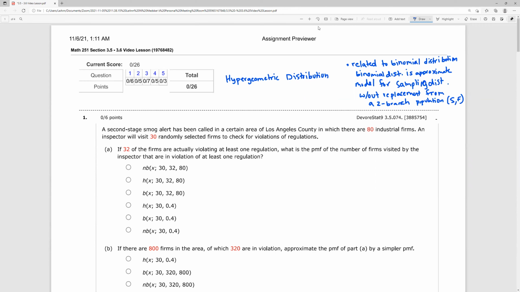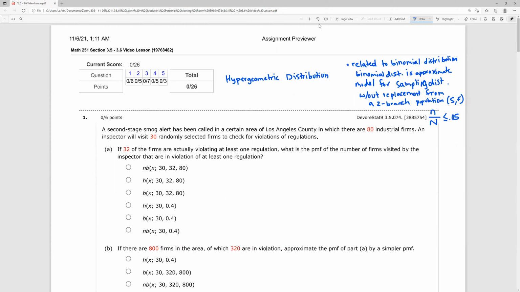But there's a stipulation or a rule. So when n divided by capital N, and we're going to define both of those in just a second, is less than or equal to 0.05, then you can use the binomial distribution to approximate the hypergeometric.